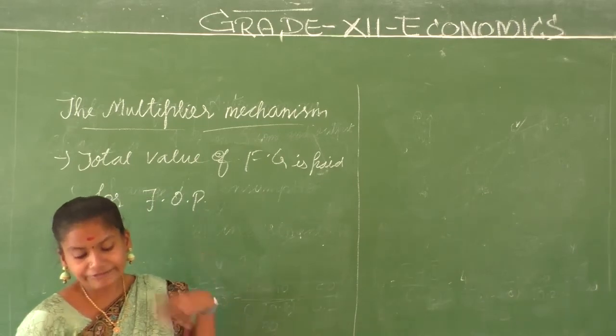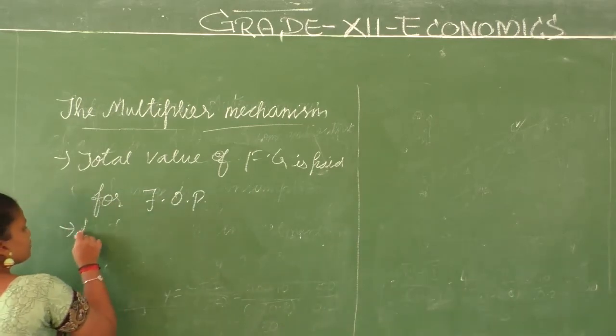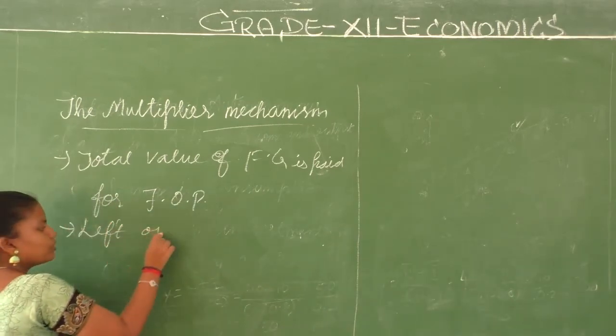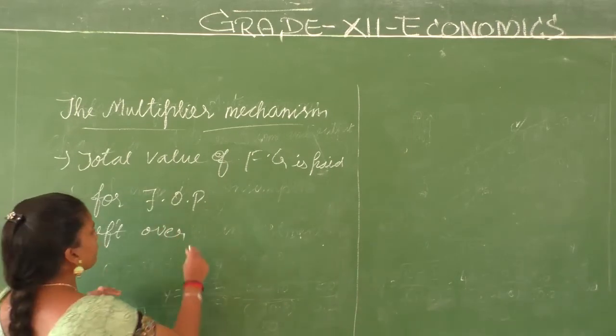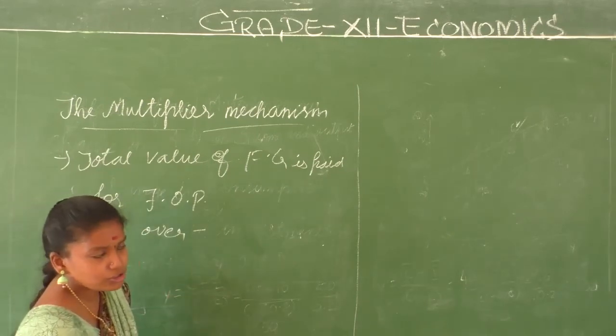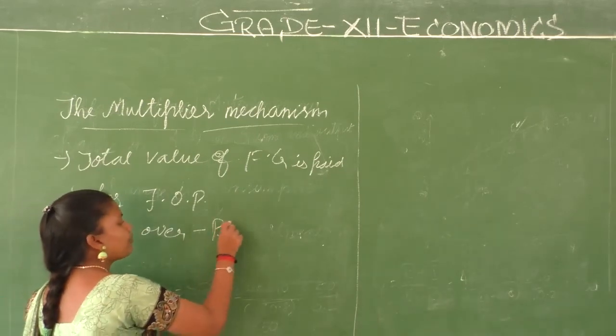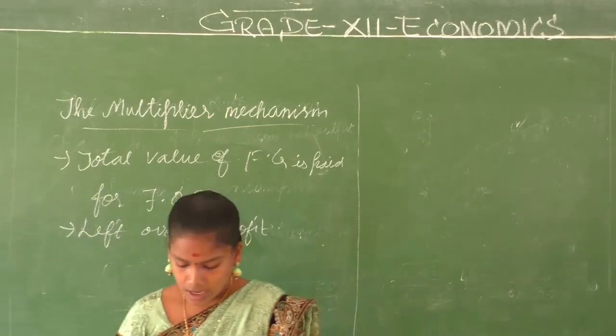Okay? Thus the leftover is appropriately called profit. Because whatever we get, we don't just give it off. We keep something, we pay the factors of production the liability that we are supposed to pay, and the remaining thing is kept back by the entrepreneur, which in terms is called profit.